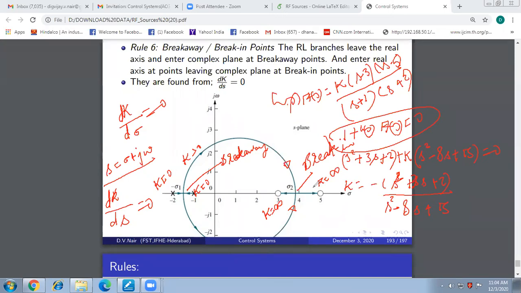I am waiting for 2 minutes. Find out dk by ds. Now you know what k is. Differentiate k with respect to s, and then equate that to 0. You get an equation, so you can quickly tell me what s is.